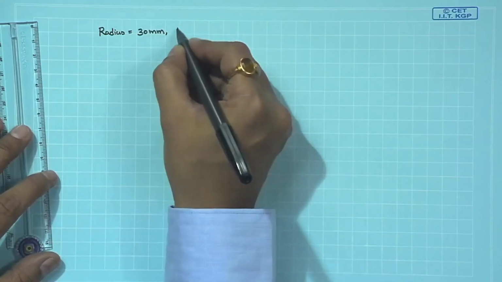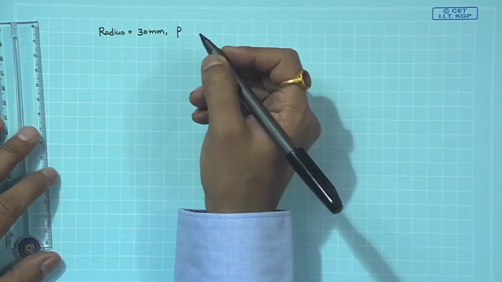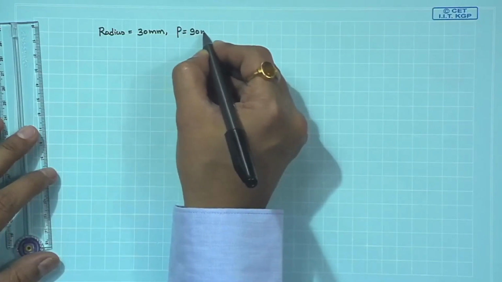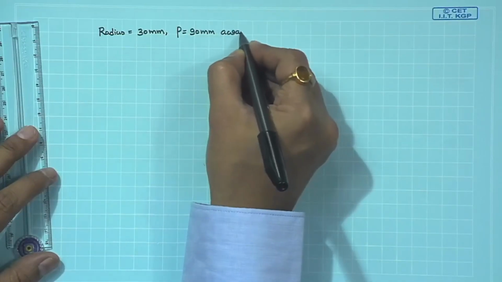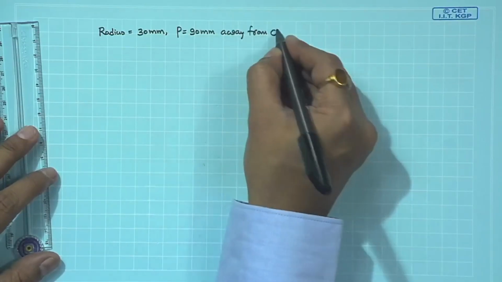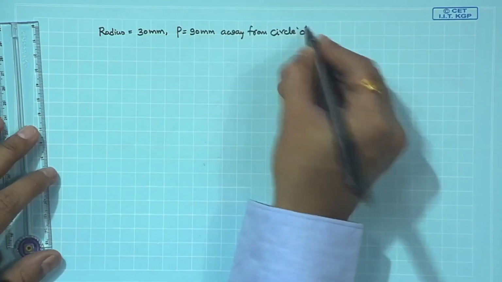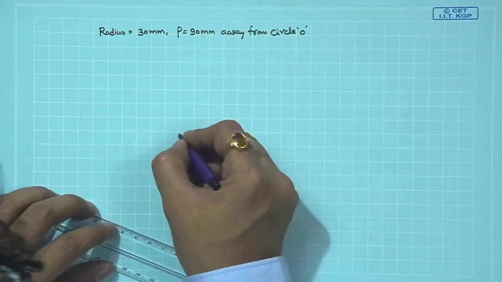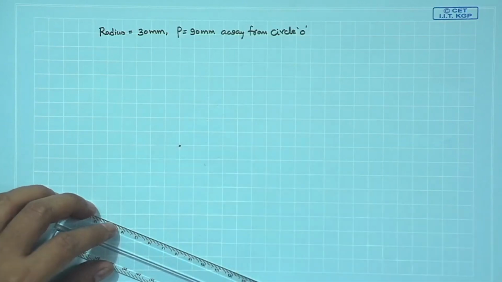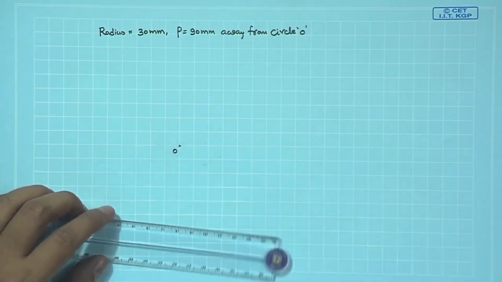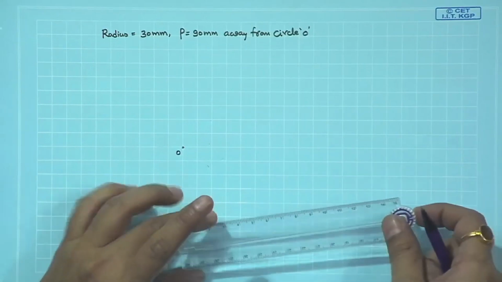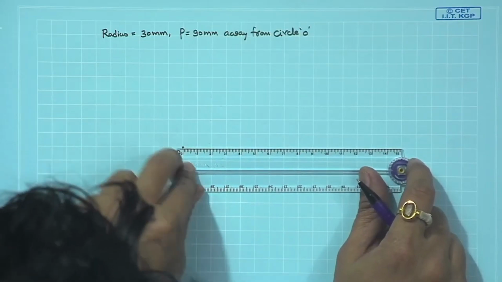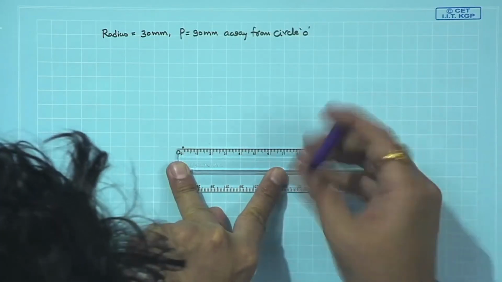The point P through which we will construct tangent is something about 90 mm away from circle center O. So, first let us take scale, pick a point, let us call that point as O. P point is 90 mm away from center O. So, 90 mm let us identify on scale somewhere here.